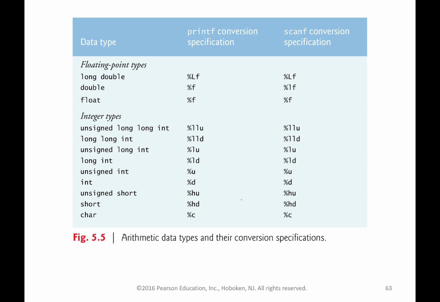We've got the long double, but notice that's a capital LF. We've got the double, which is a float, and notice that float for printing is the same, %f. For scanf, it's %lf. And we've got all kinds of integers up there.